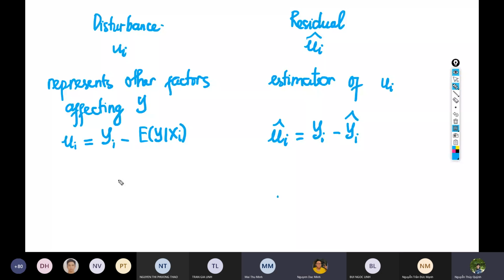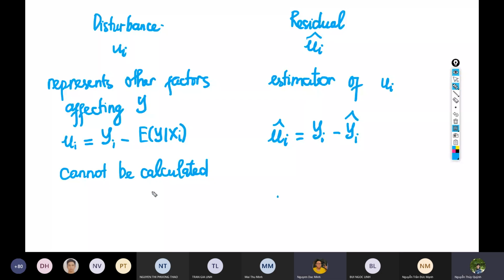Now, can we calculate the exact value of the disturbance? No, we cannot, because it is an error term. We cannot calculate the exact value of the disturbance u i because we do not know the conditional expected value.